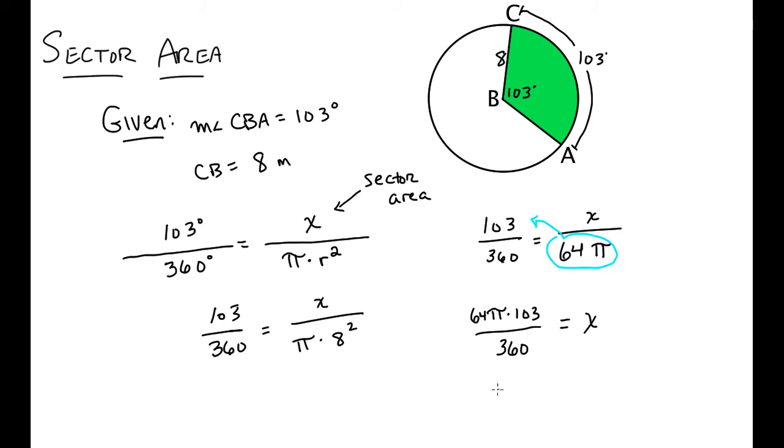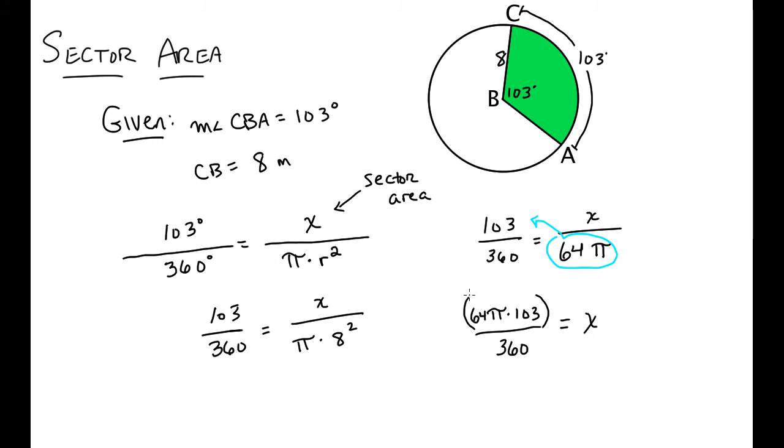All right, so now we're ready for our calculator. When you put this into your calculator, remember to put parentheses around the numerator. If you don't do that, you're not going to get the right answer. So what I'm typing in right now is 64 pi times 103. I close my parenthesis, divided by 360.